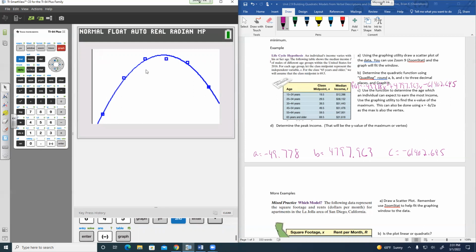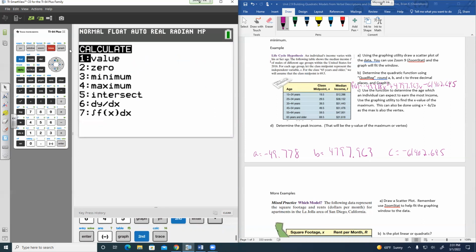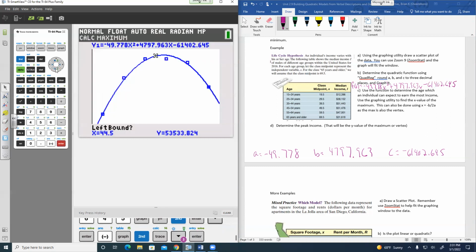Now, to find the maximum x, I'm going to just use the maximal calculation. So remember above trace, if I hit second trace, there's this calculate. And if I go down to 4, I can find a maximum. So if I make a left bound, get a little bit to the left of where I think it is, hit enter.